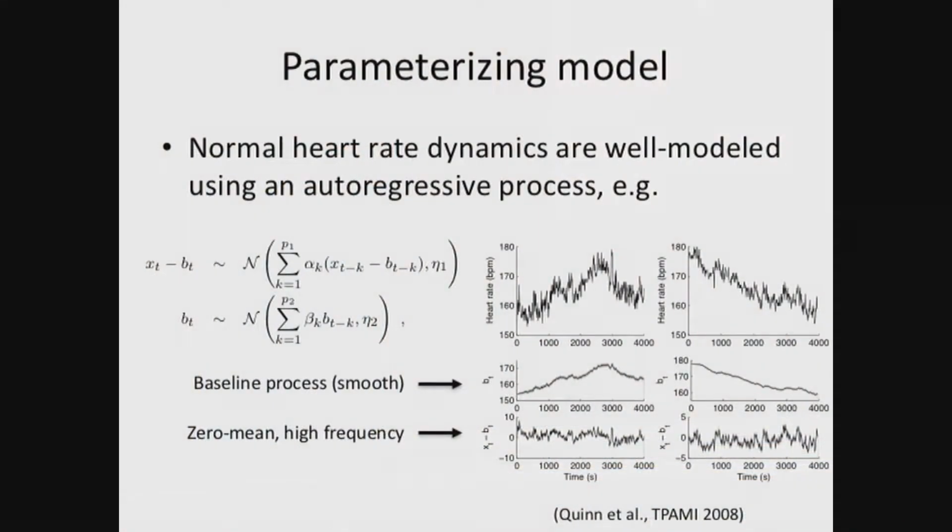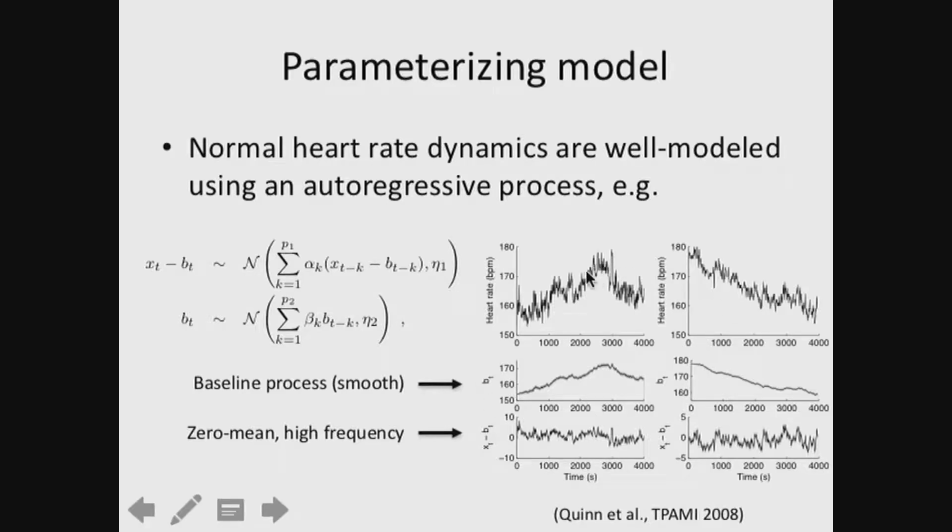Well, first, we're going to use the fact that we know that a true heart rate evolves in a fashion that can be very well modeled by an autoregressive process. So the autoregressive process that's used in this paper is used to model the normal heart rate dynamics. In a moment, I'll tell you how to model the abnormal heart rate observations.